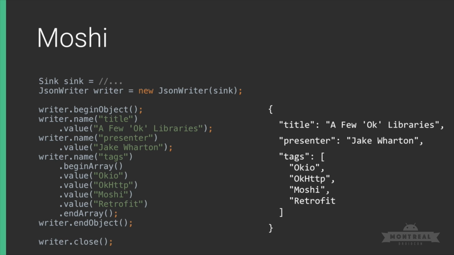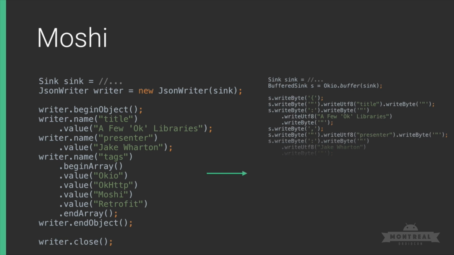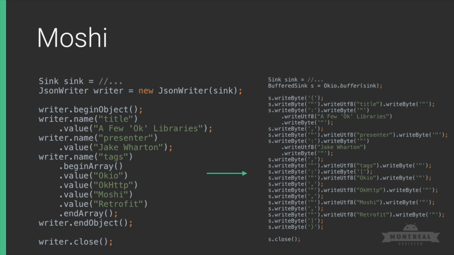And what's really cool is that in JSON, these are implemented as writing into a character array. And then that character array has to be flushed out into whatever underlying mechanism you're talking to, so an output stream. But in this case, these methods actually directly map into the high-level API of buffered sink.